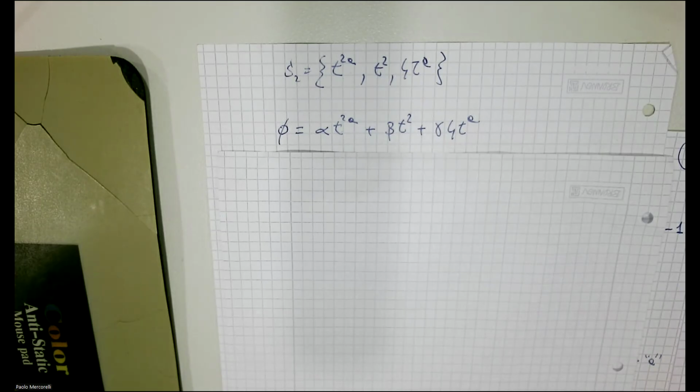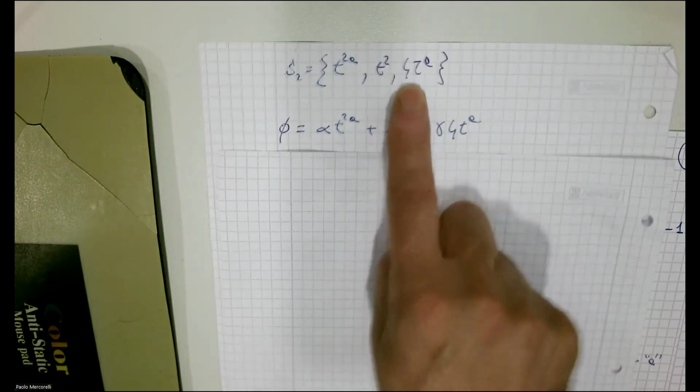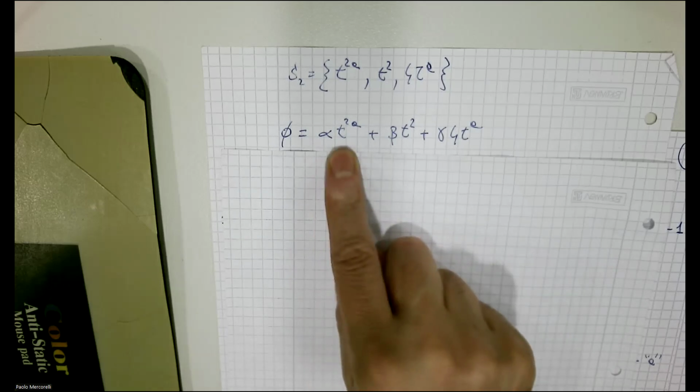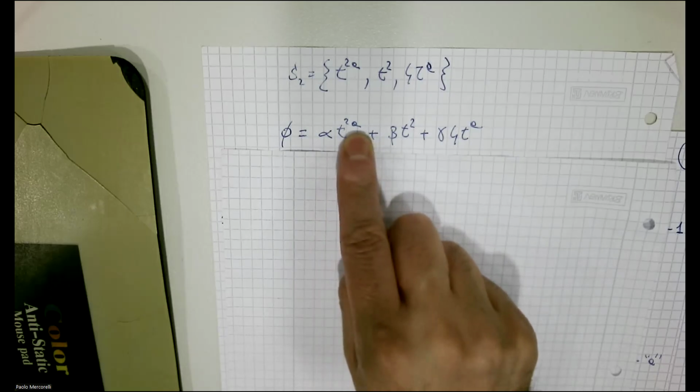It's like gamma for T up to A, because I'm considering this. No? With alpha T up to A, to alpha, no, to A. Alpha, which multiply T up to 2A. Yeah, yeah.